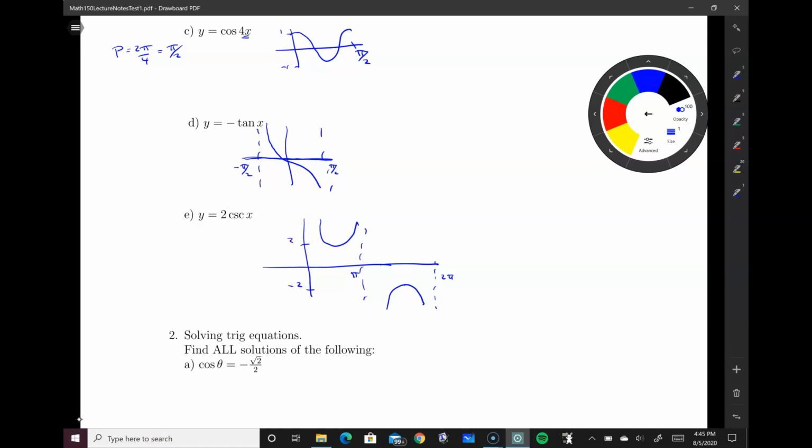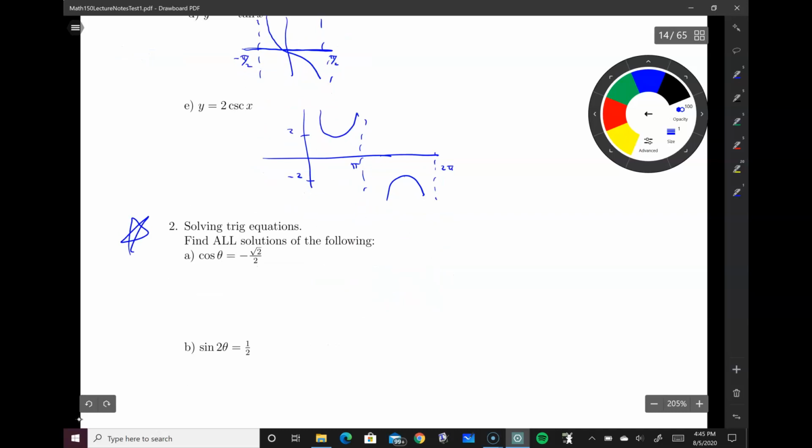All right, so this is a very important section, knowing how to solve trig functions. So here I have the cosine of theta is negative root 2 over 2. So something like this will come up a lot. So I know that this is where the angles, I'm trying to find the angles, where the x value is negative root 2 over 2. So that's going to be here and here.